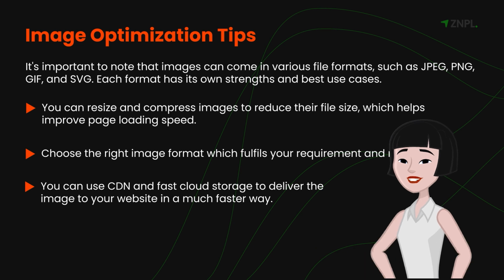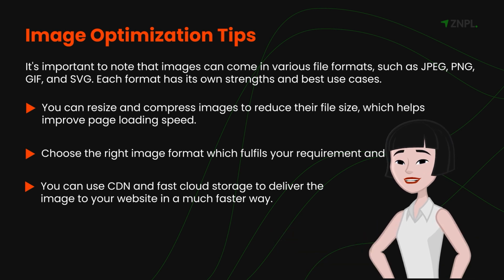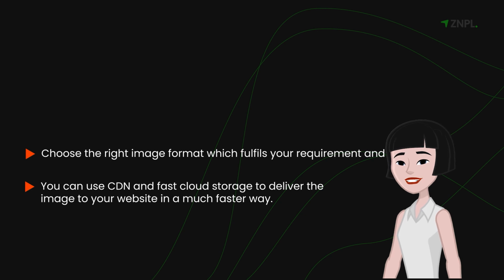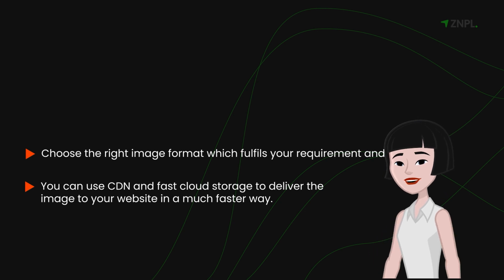Two, choose the right image format which fulfills your requirements and needs. Three, you can use a CDN and fast cloud storage to deliver images to your website in a much faster way. Overall, images are a powerful feature of HTML that allow you to add visual interest and engagement to your web pages.